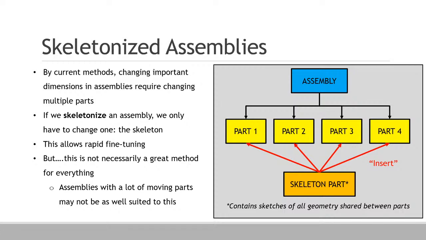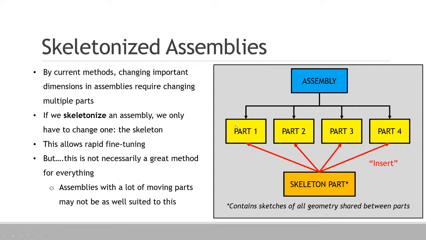One of the ways to do that is with a skeleton part. A skeleton part is basically a part file, but it includes just sketches and datum planes, no actual solid geometry. You can, quote unquote, insert that into multiple different parts, and we'll show you how to do this in just a second.